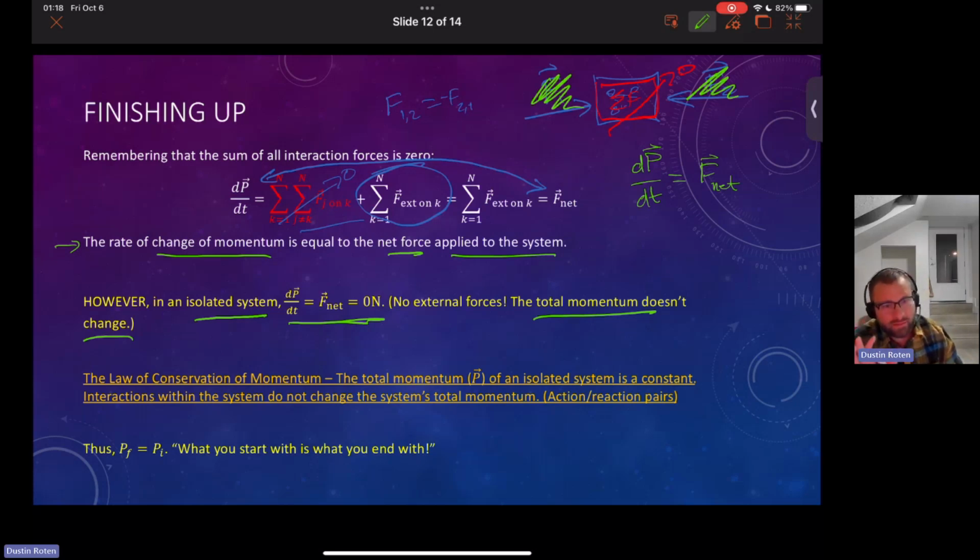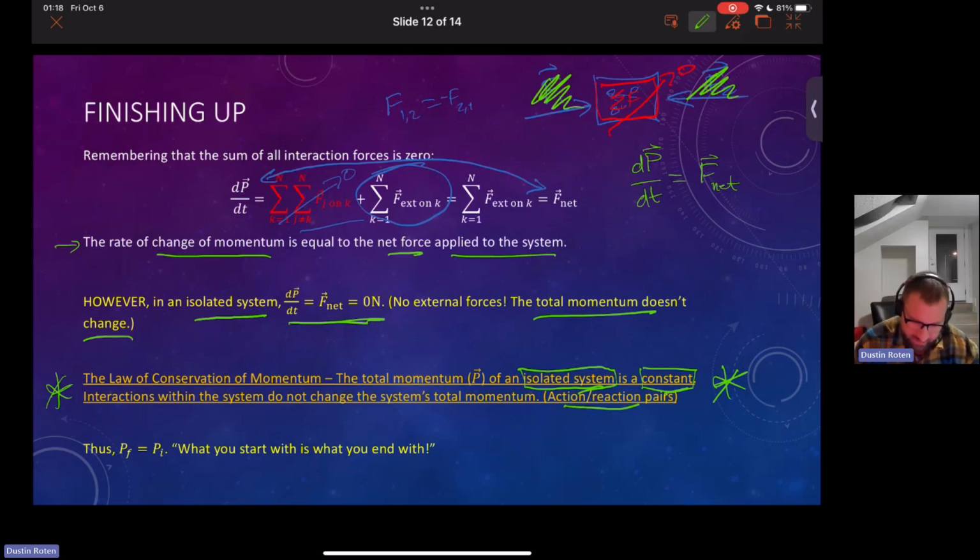So this is the law of conservation of momentum. This is a huge, big thing in physics. Okay, the total momentum of an isolated system, that's important, is constant. Okay, so interactions within the system do not change the system's total momentum.